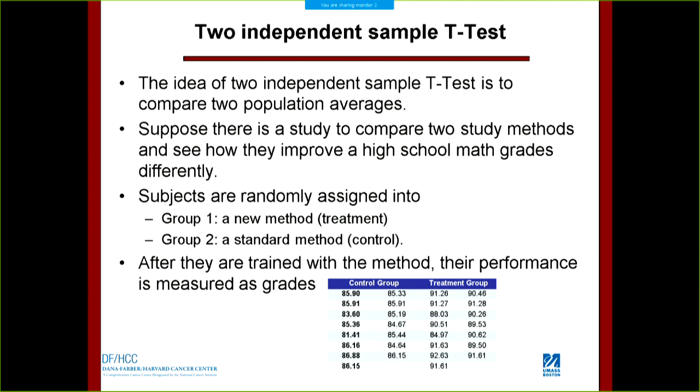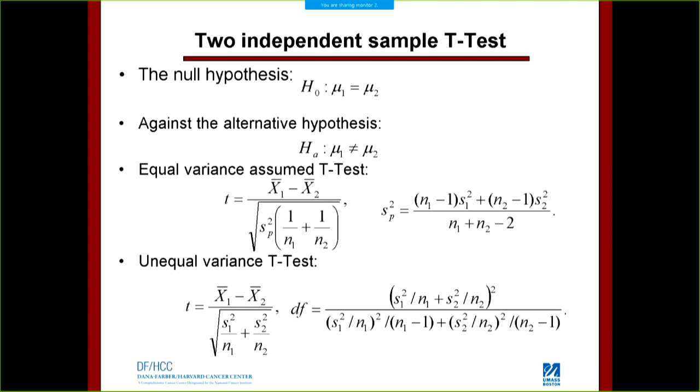Here is the t-test. We use the t-test to compare the significant difference between the average values of the two groups. As you mentioned, there are two different types of t-test. One is the equal-variance-assumed t-test, where we use this formula, and the other is equal variance not assumed, where we use this formula with a different degree of freedom.